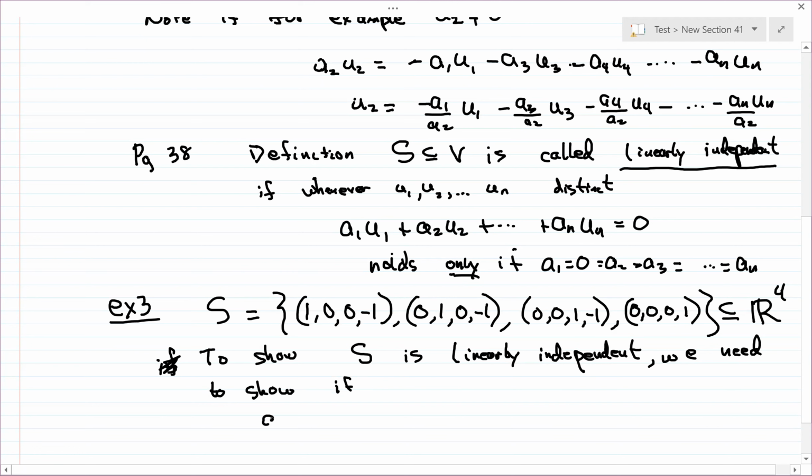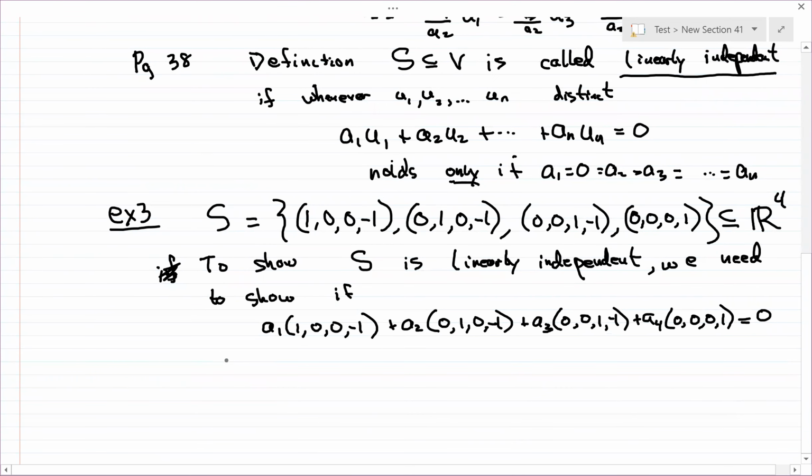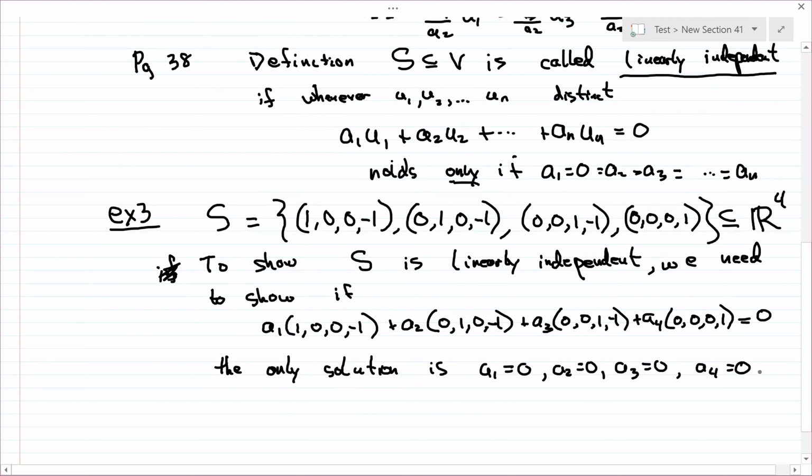So if we took A1 times the first one plus A2 times the other one, plus A3 times the third vector, plus A4 times the last one, set this linear combination equal to the zero vector, we need to show that if this is true, the only solution is A1 equaling 0, A2 equaling 0, A3 equaling 0, and A4 equaling 0.